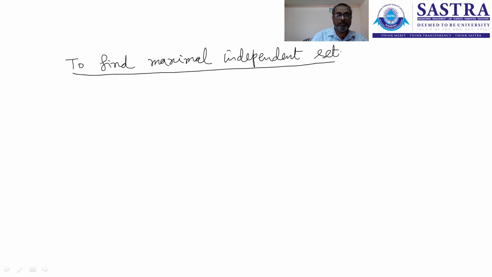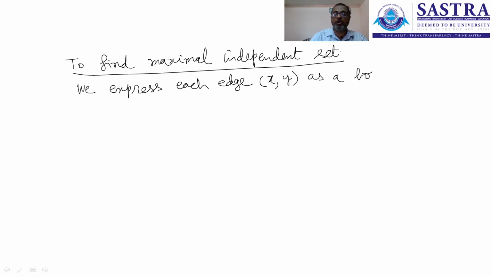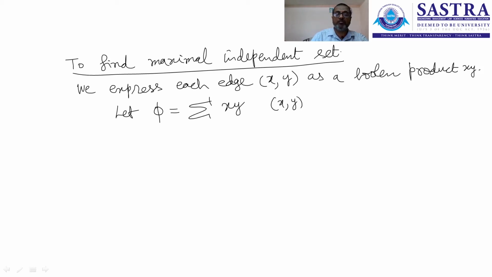Now we express each edge x comma y as a Boolean product xy. When I write xy, I mean that I take an edge xy. Now I represent phi as the summation of xy, where x comma y belongs to E. I take the sum of all the edges.